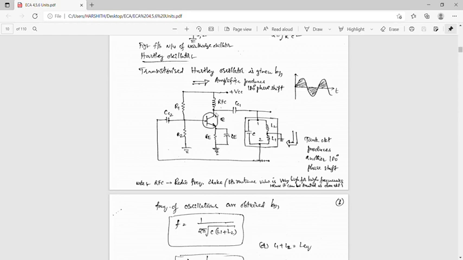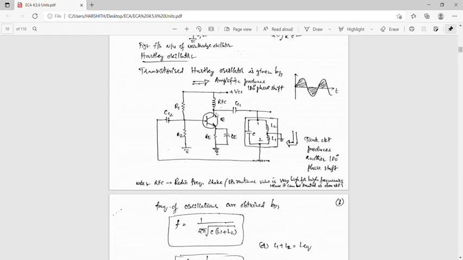While for DC conditions, the reactance is 0, hence it causes no problem for DC. So, due to the RFC, the isolation between AC and DC operation is achieved.